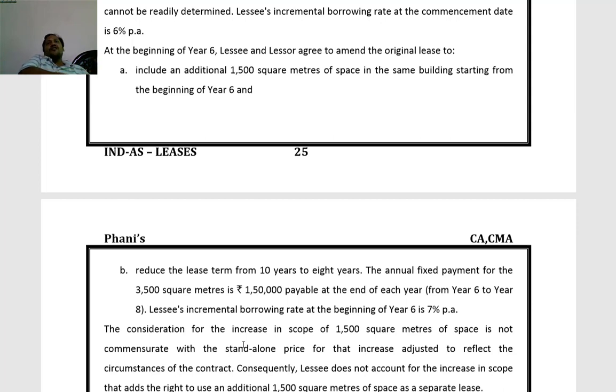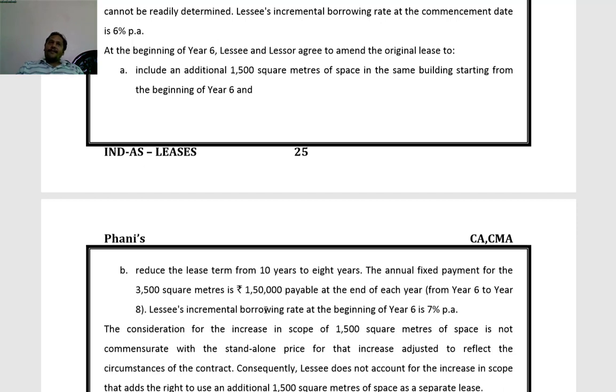Suppose this 1,50,000 is commensurate, the 50,000 for the 1500 square meters will be taken, and that will be considered a separate lease by following initial measurement principles. Now it is not commensurate, so we should not treat it as a separate lease.